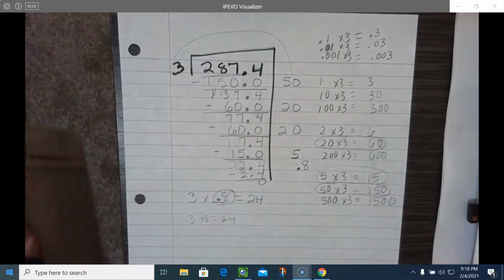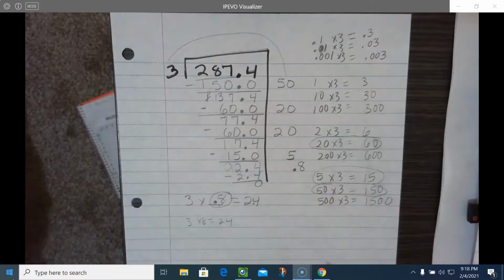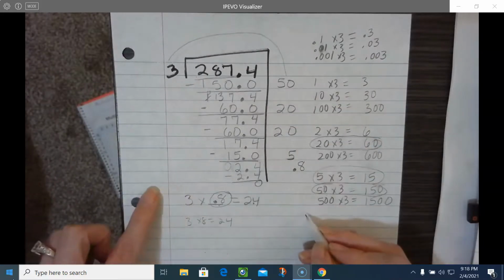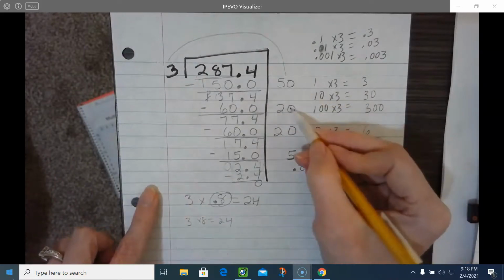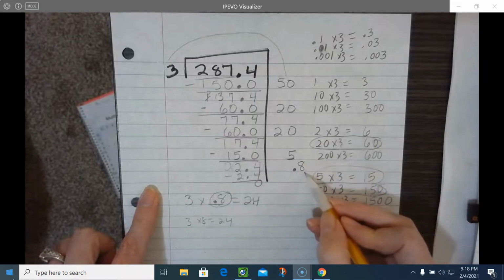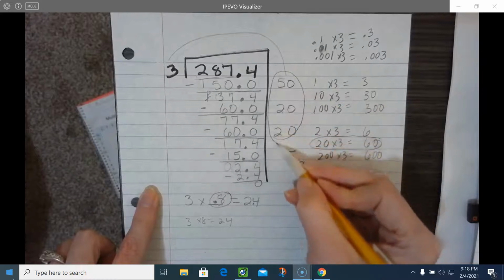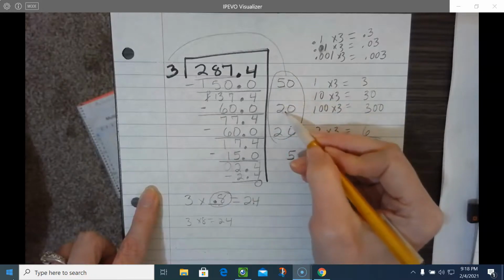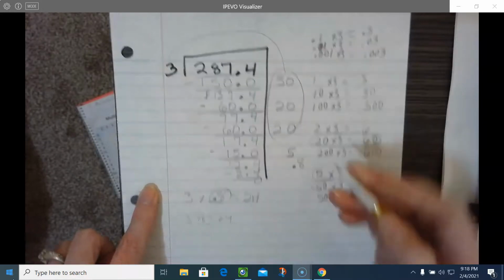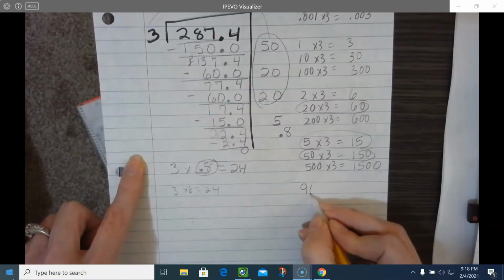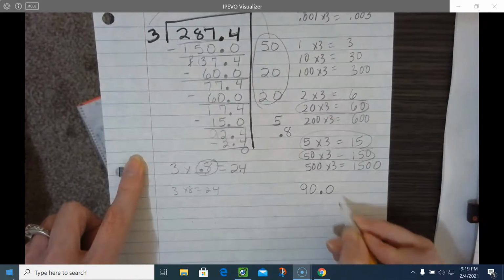Now, I'm not done, because I need to add all of these up. And I'm going to be very careful because I have tens, I have ones, and then I have a tenth. So I'm going to just add these guys up first. So 50, 60, 70, 80, 90. So I'm going to come down here and I'm going to say 90.0.